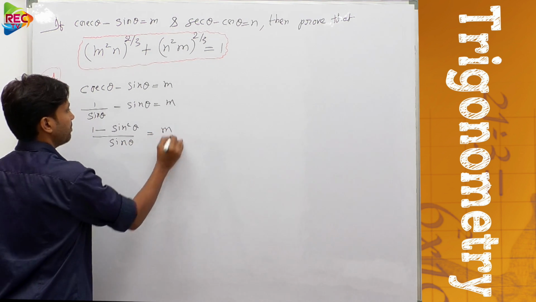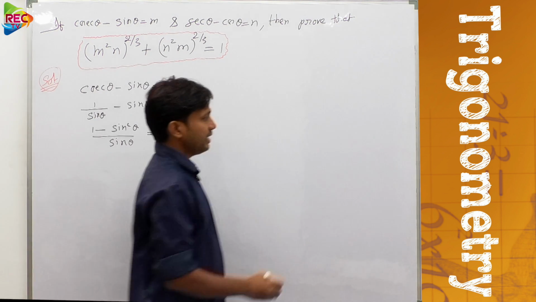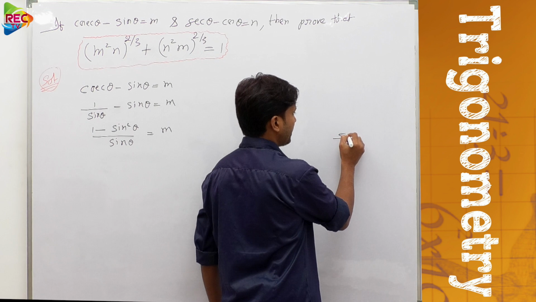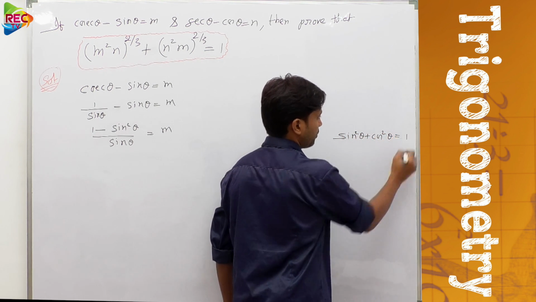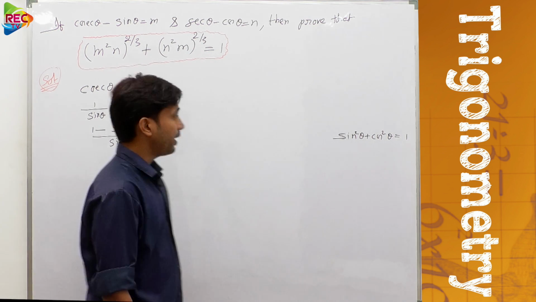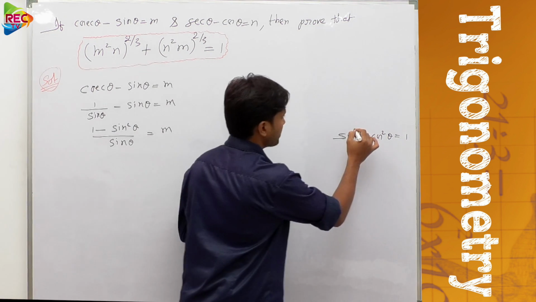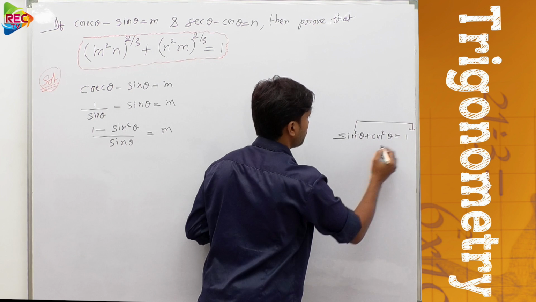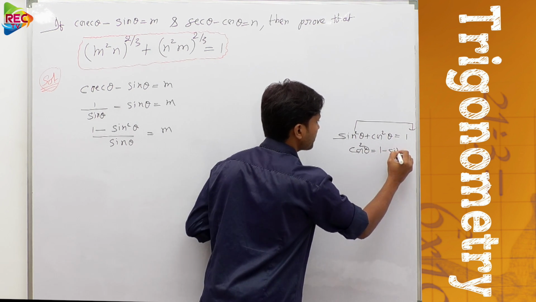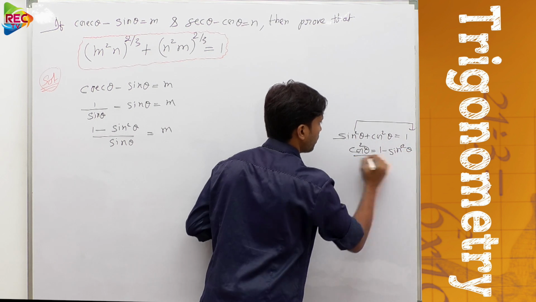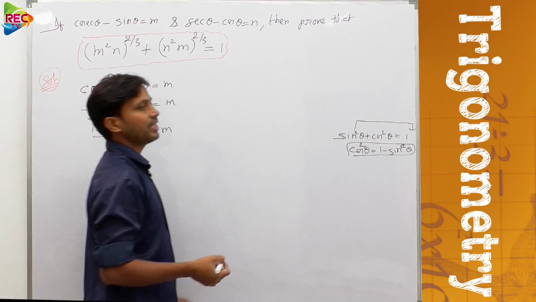equal to m. Consider again the standard identity of trigonometry, that is sin square theta plus cos square theta equal to 1. From this, if you bring sin square theta to the other side, cos square theta can be represented as 1 minus sin square theta.